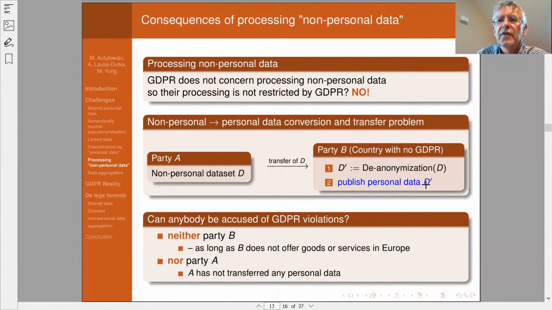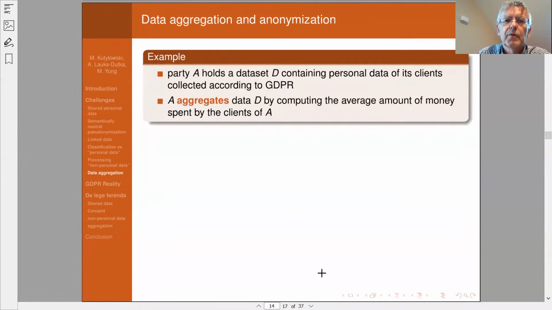Who is guilty for violating the rights and freedoms of data subjects? Party A not, because sending was concerning only non-personal data, so it is allowed according to GDPR. And the second party in the other country is not in the scope of GDPR, as long as it is not offering services or goods, which could be the case.